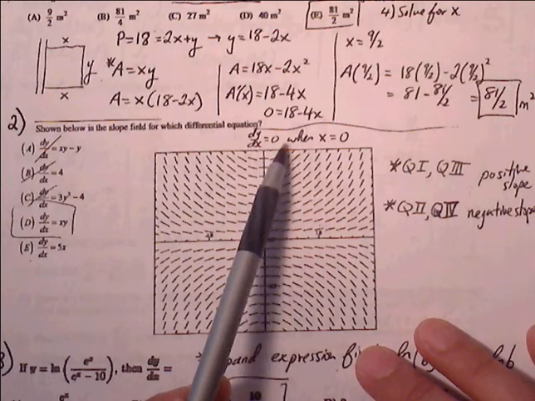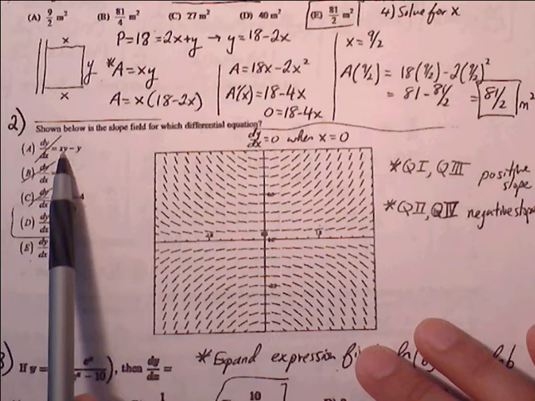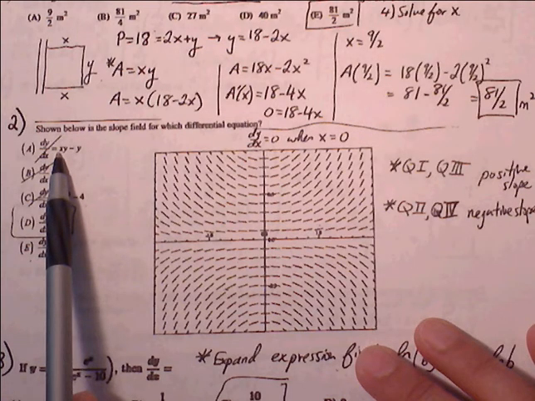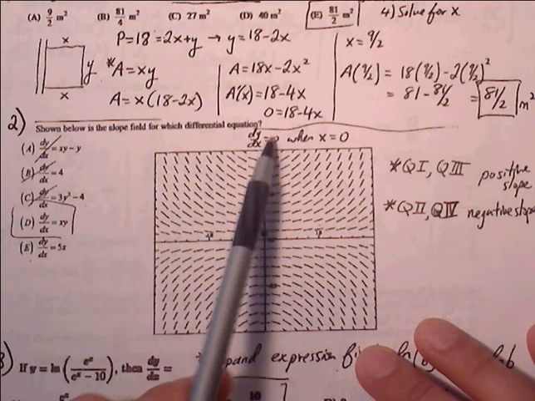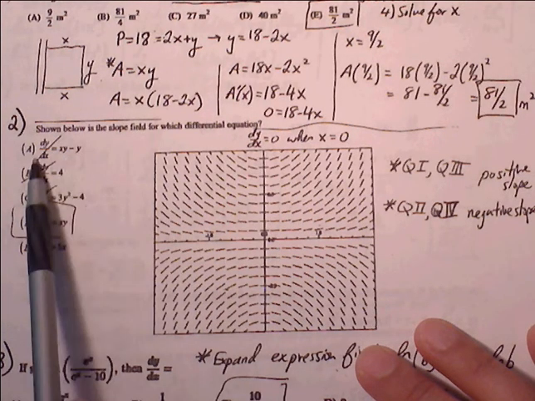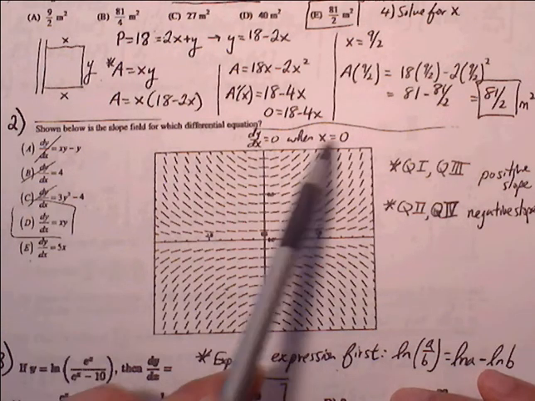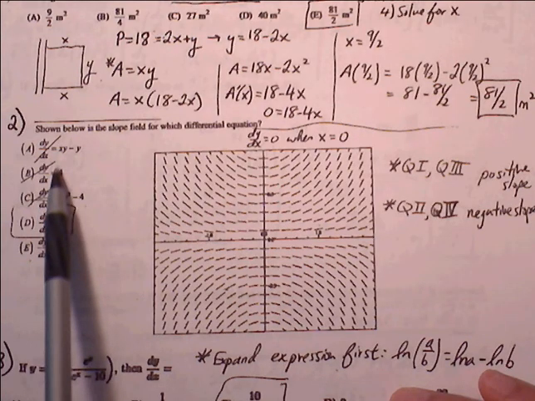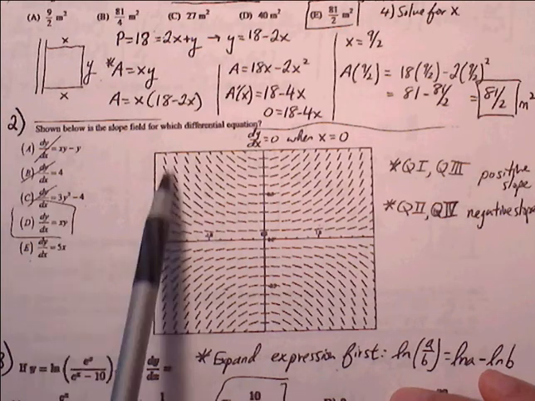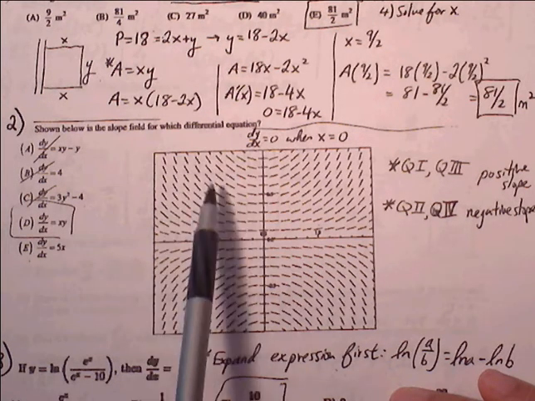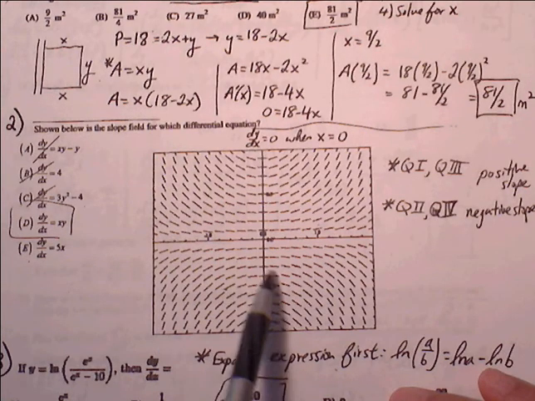We know that we must get 0 when x is 0, because we see that on the graph. So if I plug 0 in for x, I don't get exactly 0 for part A, because I get 0 times y minus y. Negative y is not always going to be equal to 0, so we know this one is out. Okay, dy/dx equals 4. When x is 0, there's no x to plug in, so this differential equation always has a slope of 4, and we can tell by looking at this slope field that the slope segments all have different slopes.